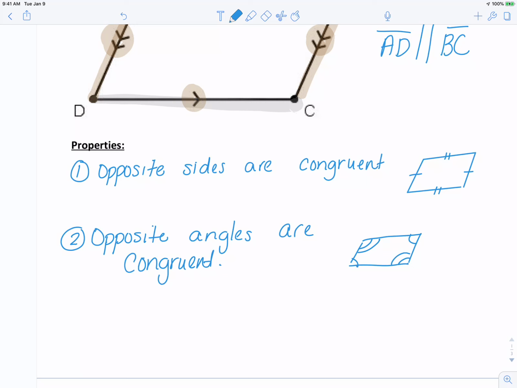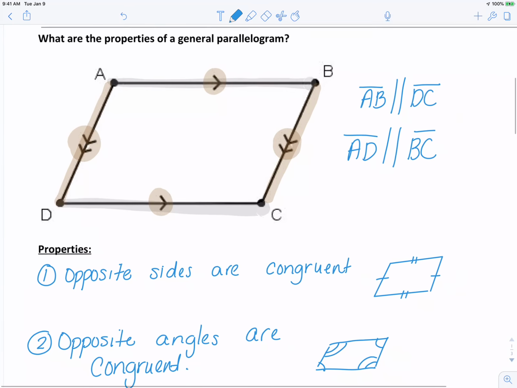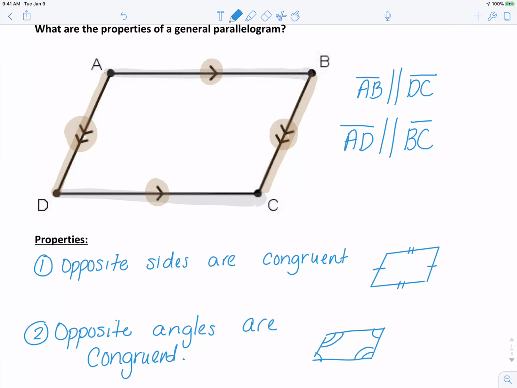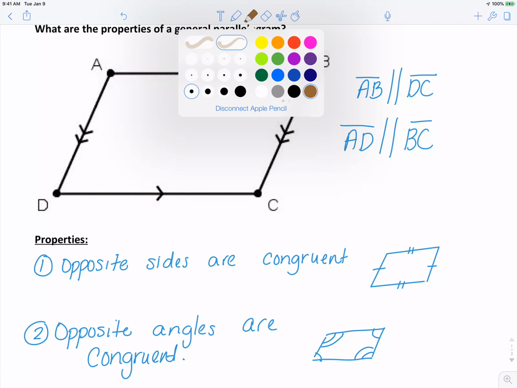All right, now besides having opposite angles, we also have what are called consecutive angles. So in this picture up here, A and D would be consecutive angles. Also, A and B would be consecutive angles. If they're not opposite angles, then they are consecutive or next to each other in a quadrilateral. Now, those properties you should already be familiar with. Let's see if we recall from several chapters ago.